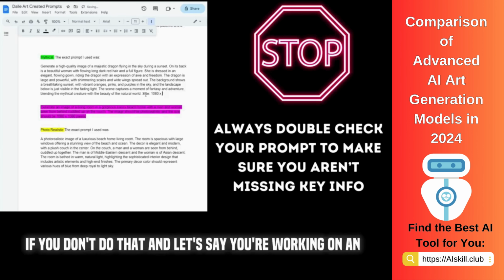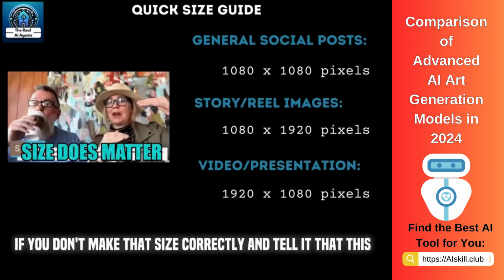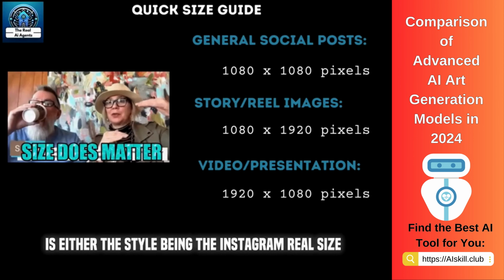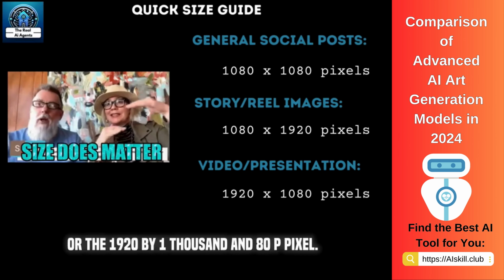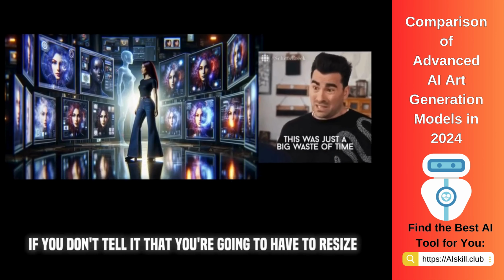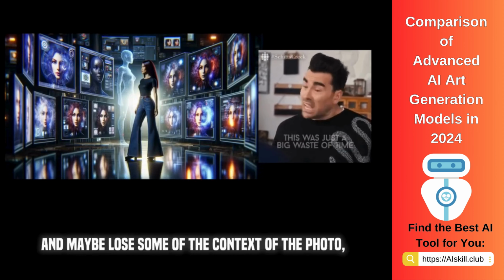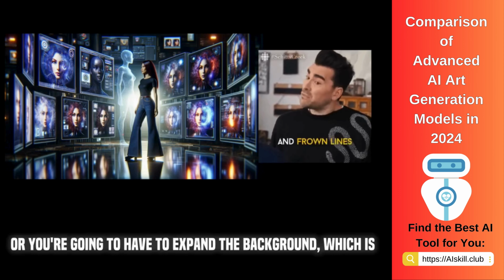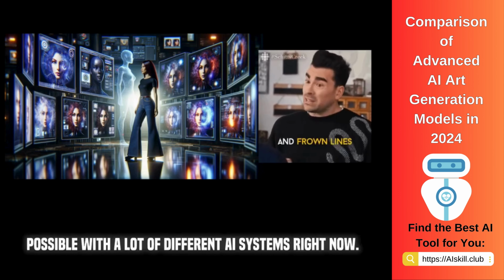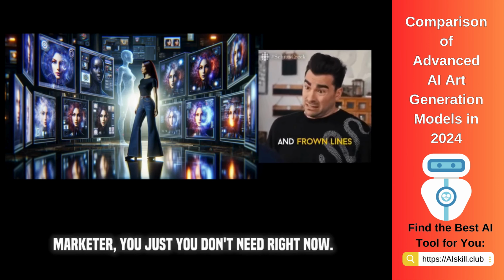If you don't do that, and let's say you're working on an Instagram story that you want to put out, if you don't tell it the correct size, whether it's the Instagram reel size or the 1920 by 1080 pixel, whatever it is that you need, you're going to have to resize and maybe lose some of the context of the photo, or you're going to have to expand the background, which is possible with a lot of different AI systems right now, but it's just an extra step that as a marketer, you don't need right now.